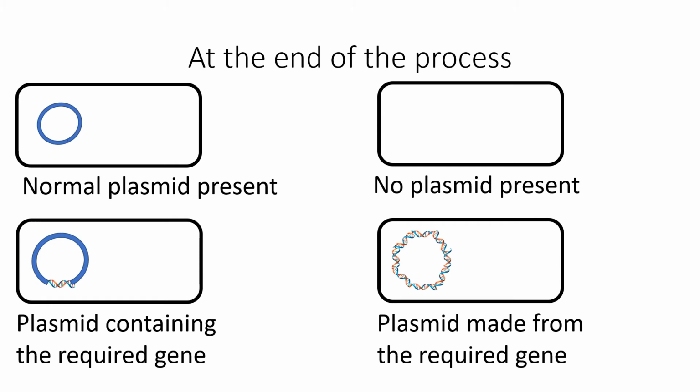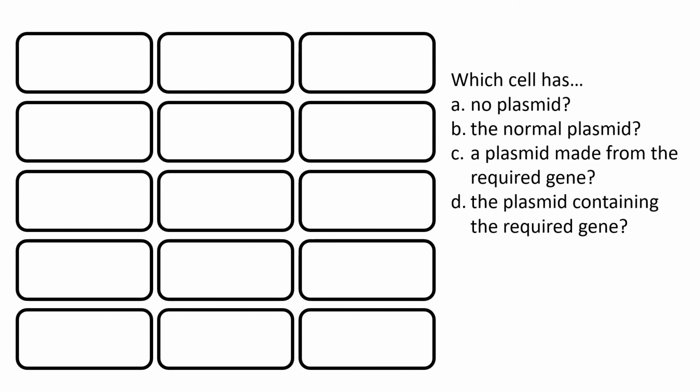But the problem is, when we look at them, they all look exactly the same. So we have to be able to identify, of all the bacteria, which were the ones that accepted the plasmid and that plasmid contained the gene that we wanted.